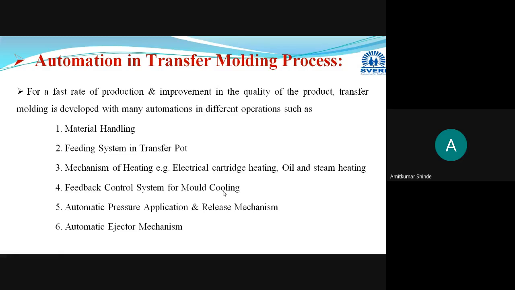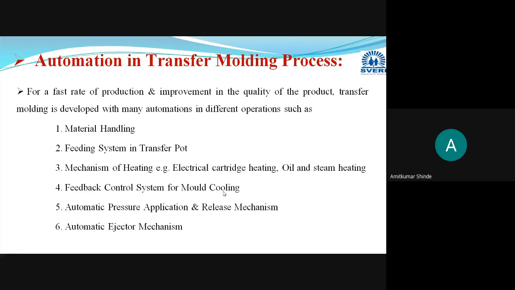In which stage can we use automation? In the material handling process, we can go for automation, or in the feeding system, where charged or preheated raw material is fed into the transfer pot or the shooting cylinder. For that we can do the automation.